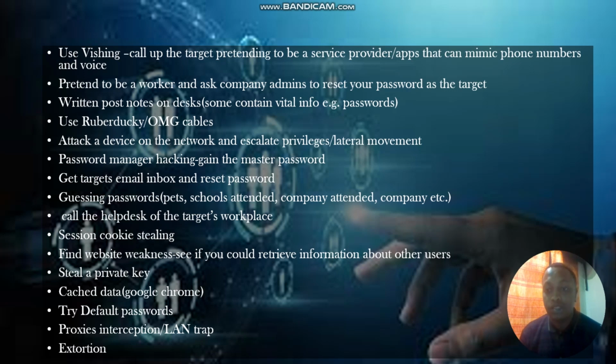Let us talk about MFA fatigue, or multi-factor authentication fatigue. This is whereby you get continuous messages saying your account has been locked, kindly reset your password, and it's going to do that until you get annoyed enough to change that password.